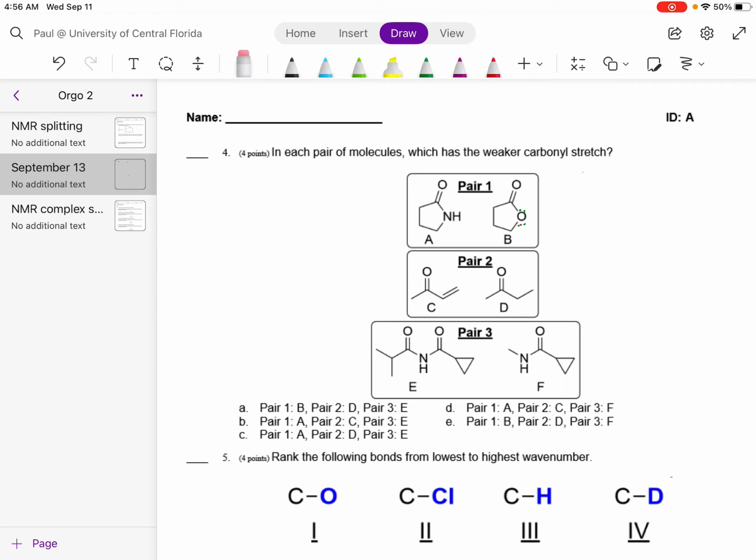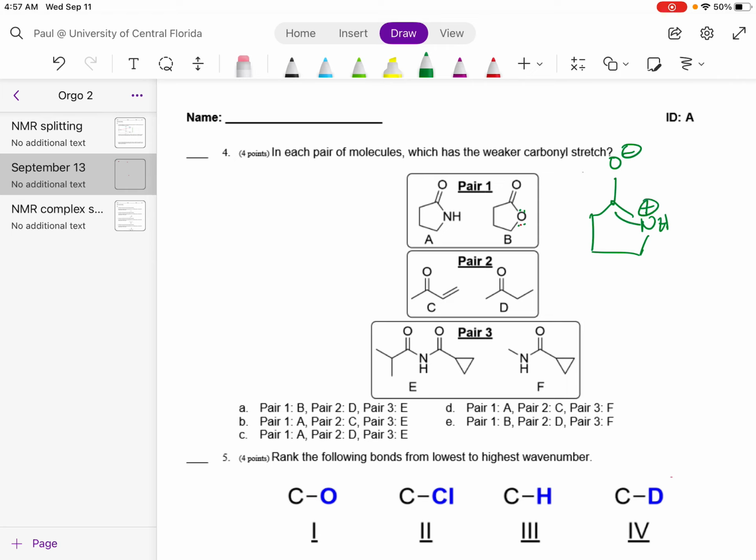So what do I mean by weakening? It's going to give it more single bond character. Because when you draw the resonance structure, when that nitrogen donates electron density in, you're going to get this species right there.